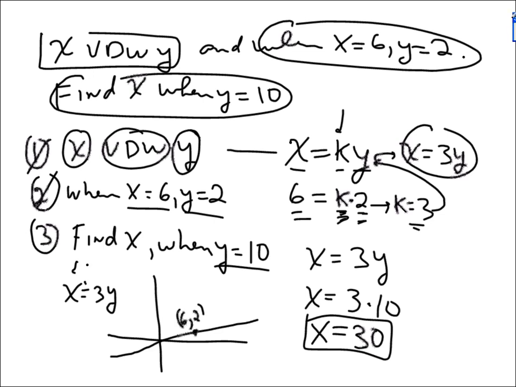Here, maybe y is 3, x is 3 times it. Maybe y is -1, x is 3 times it. There's many x's and y's, so you can't just solve for x. X is 30. No. When y is 10, x is 30.